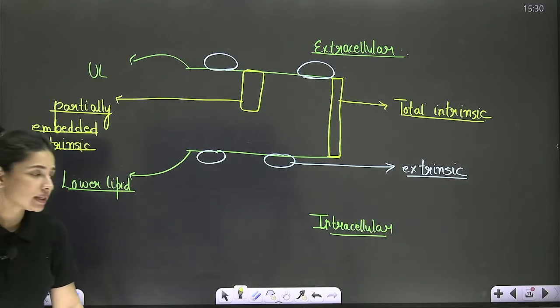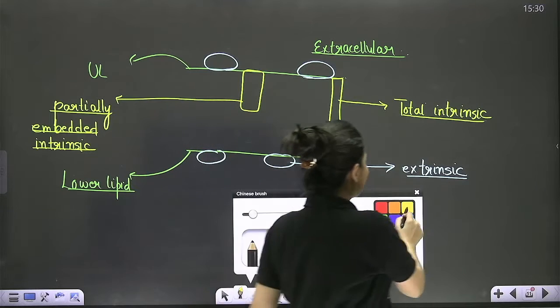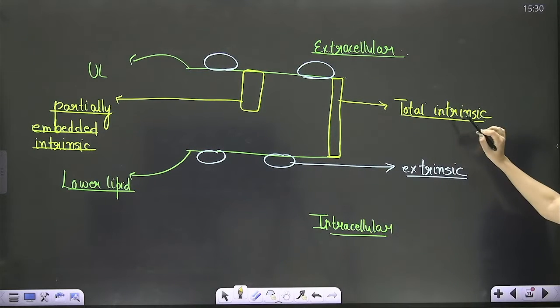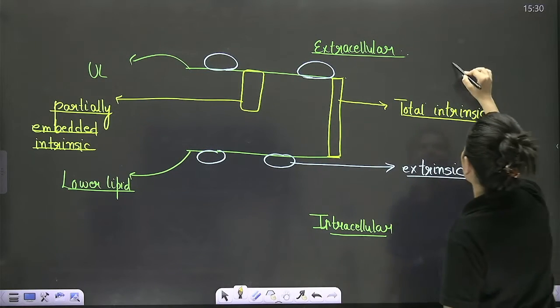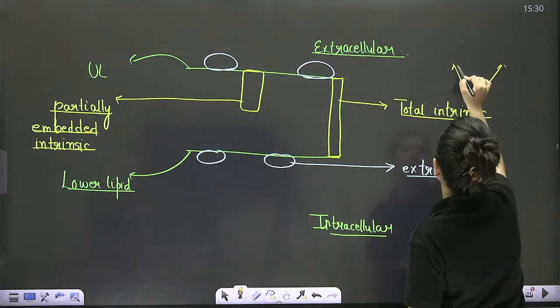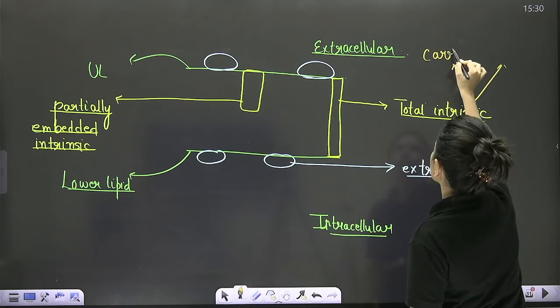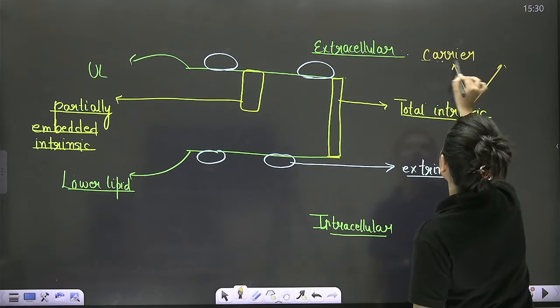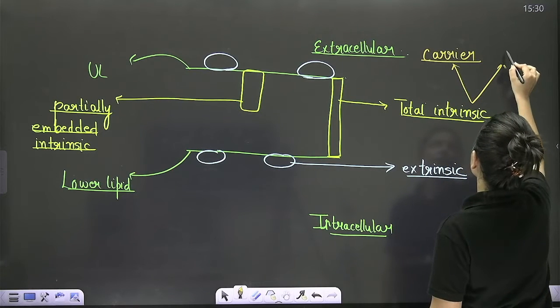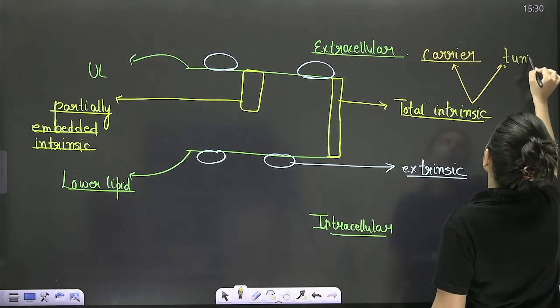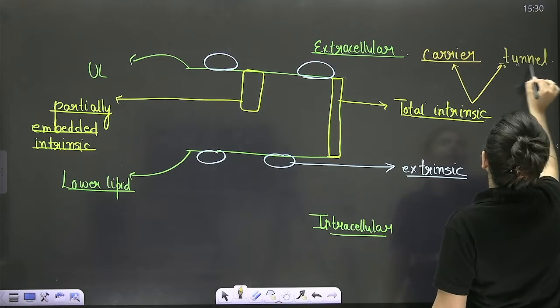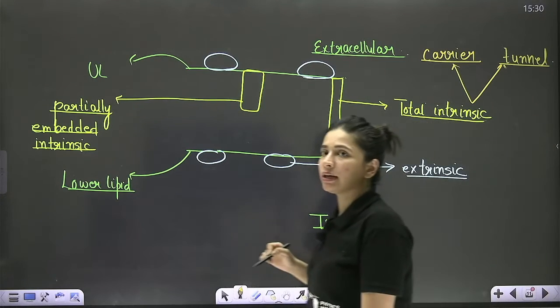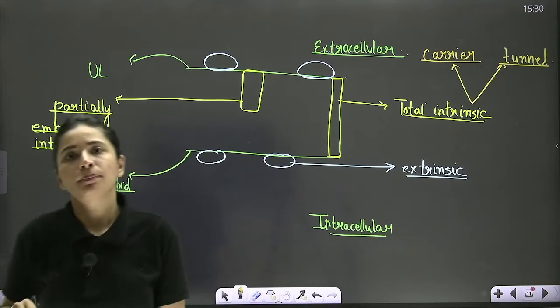Now further, beta, this totally intrinsic protein can be of two types: carrier, totally intrinsic protein, and tunnel, totally intrinsic protein.